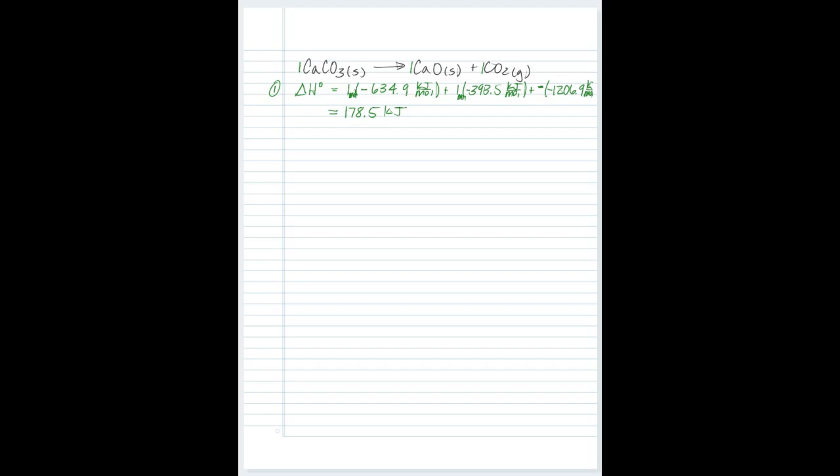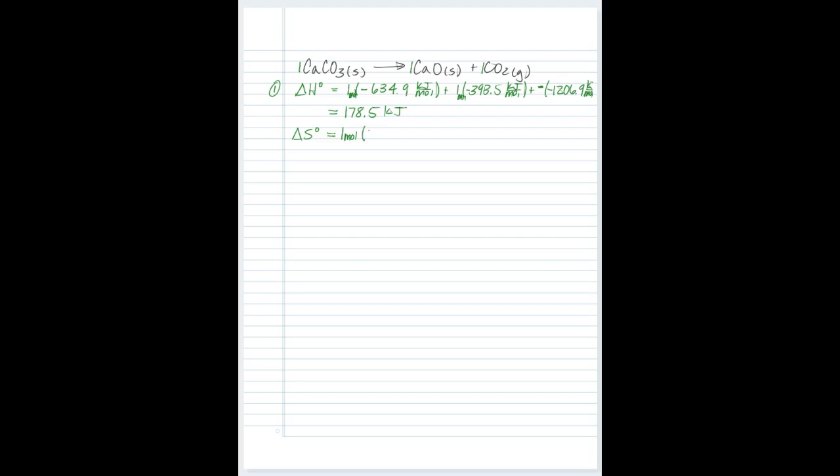And remember that our goal is to calculate delta G eventually, but in this method, you need delta H and delta S to do that, because you have an equation that relates delta G to delta H and delta S, which we will see in a moment. So for delta S, we are going to use the standard molar entropies. Again, you would have to look these up. I have them in front of me.